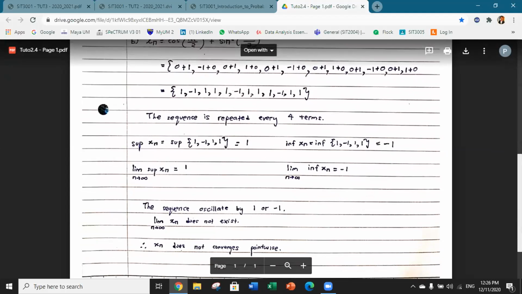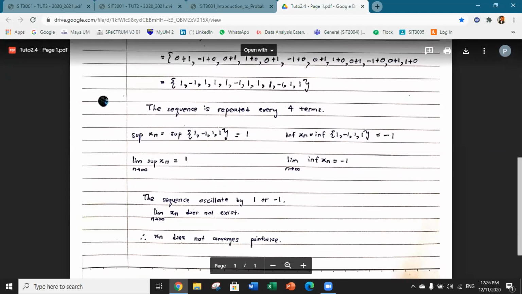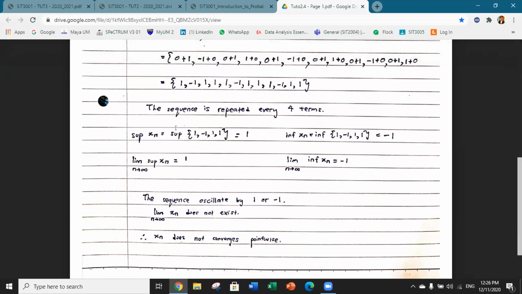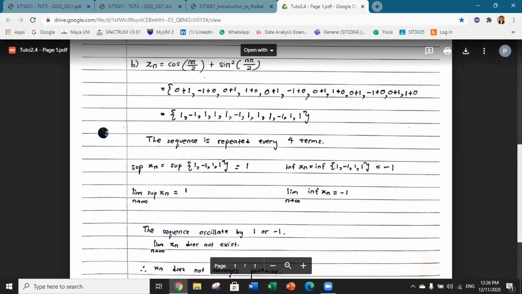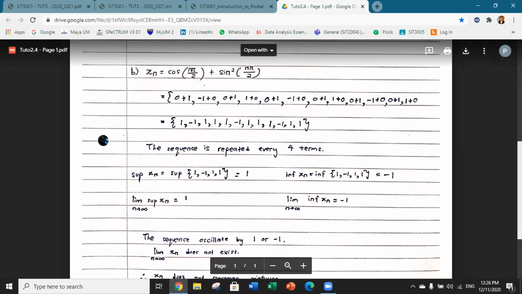So for the supremum, we take the repeated 4 terms, and from there we get our supremum, which is 1. But actually, Pavan, you cannot take the supremum of that sequence by taking the supremum of a subsequence. You have to consider the whole thing, right?